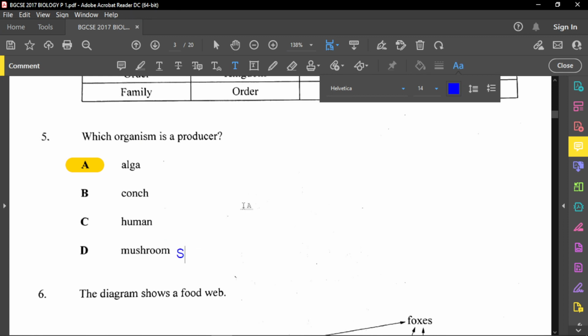So, in other words, mushrooms are saprophytes. Let me just quickly tell you that. The mushrooms, they are saprophytes. And what saprophytes do is absorb nutrients from dead and decaying materials.